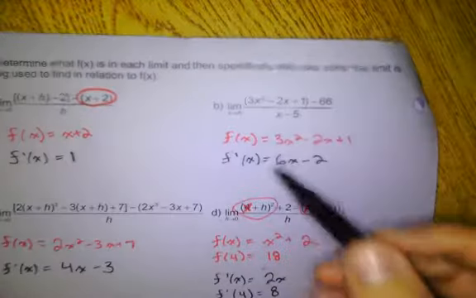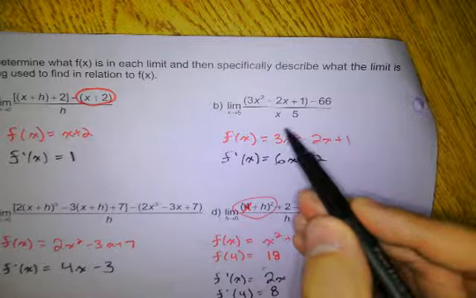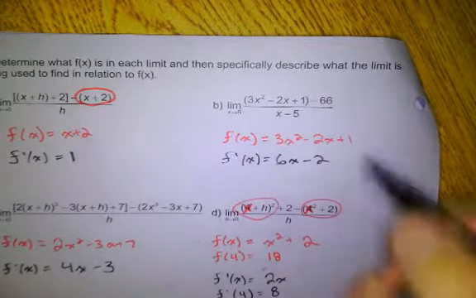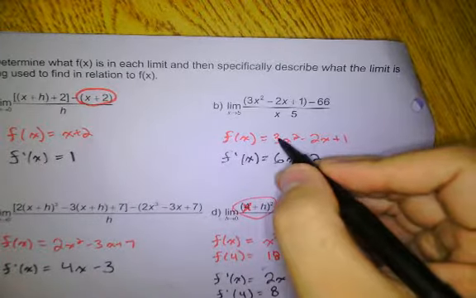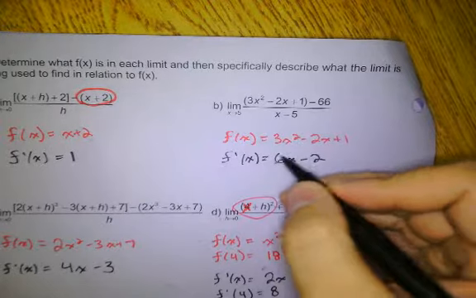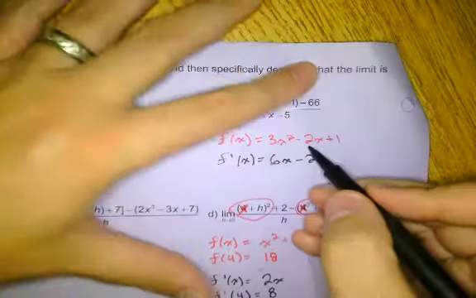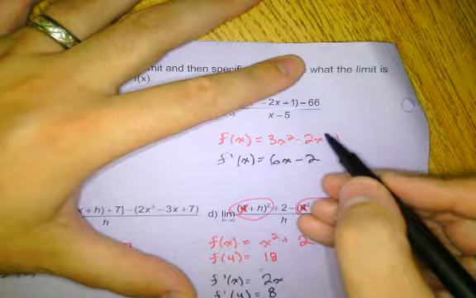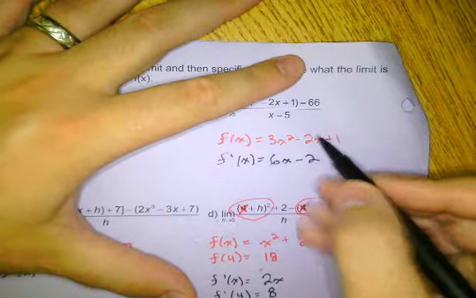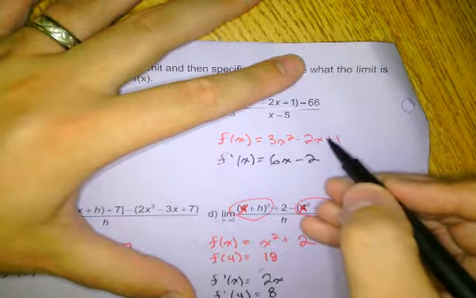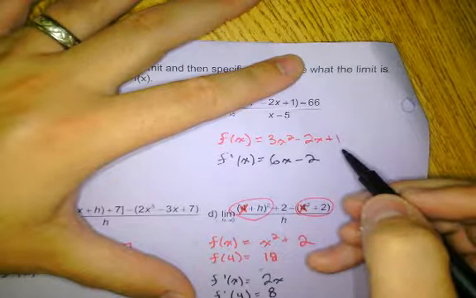Okay, all you do, for any polynomial, take the derivative. You take whatever the power is, you multiply it in front, subtract by 1. So take this power, so it becomes a 6. 2 minus 1 is 1, so it's 6x. Take the next one. The power is a 1, so 2 times 1 is 2. Subtract 1 from the power, you'd get 0. X to the 0 is 1.